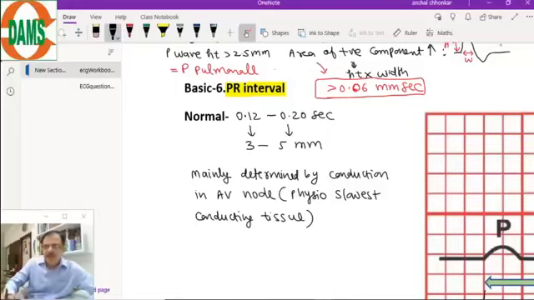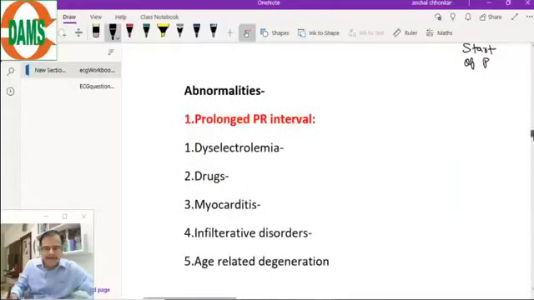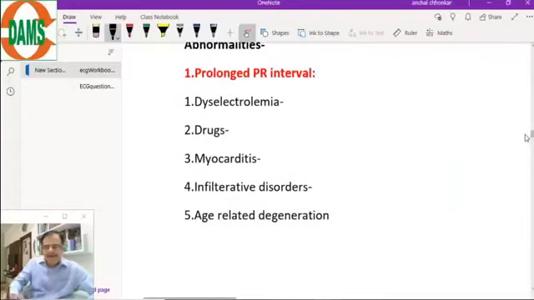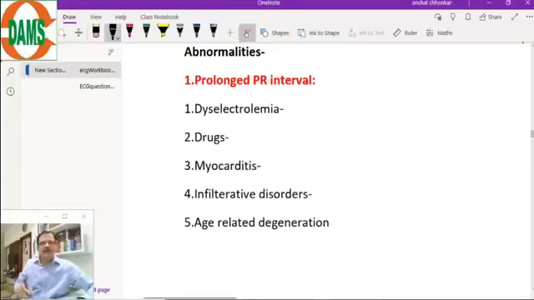So there will be two abnormalities. The first abnormality is that the PR interval gets prolonged, and the second is that it gets shortened. There will be two problems in the abnormality of the PR interval. So first abnormality, let's see. Abnormalities of the PR interval.